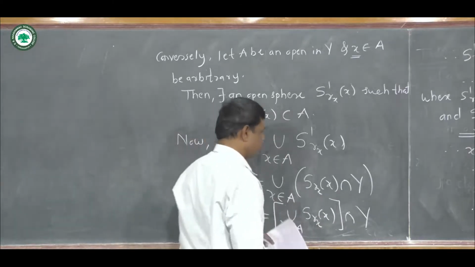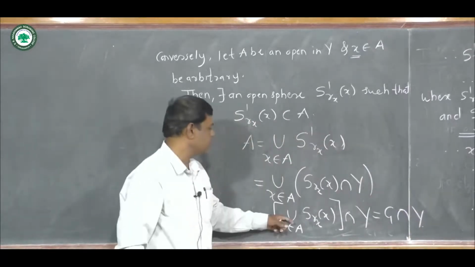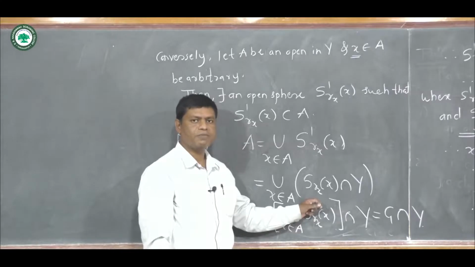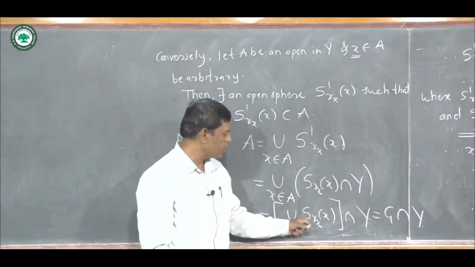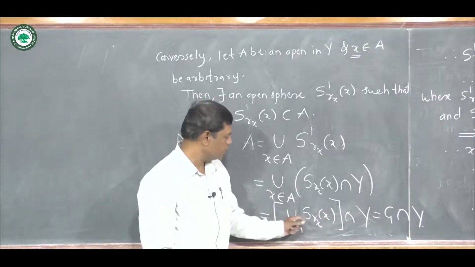So this is equal to G intersection Y, because this is a union of open spheres, and open spheres are open sets, and we know that a union of open sets is always an open set. So this is an open set.